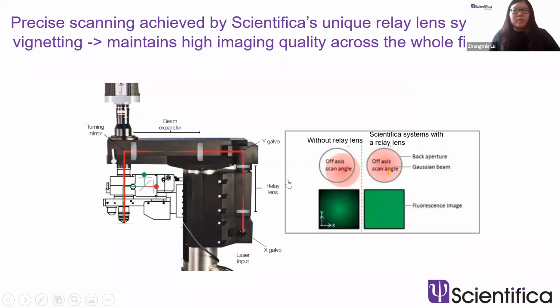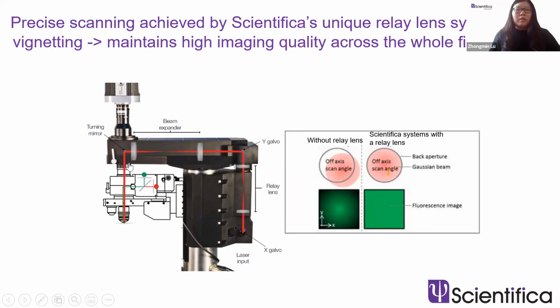Okay, so what's really unique and nicely provided from Scientifica is this relay lens system. Basically, we put relay lens pairs between the X scanning mirror and the Y scanning mirror, so that it can be imaged precisely from the X galvo to the Y galvo, and then onto the back aperture of the objective.